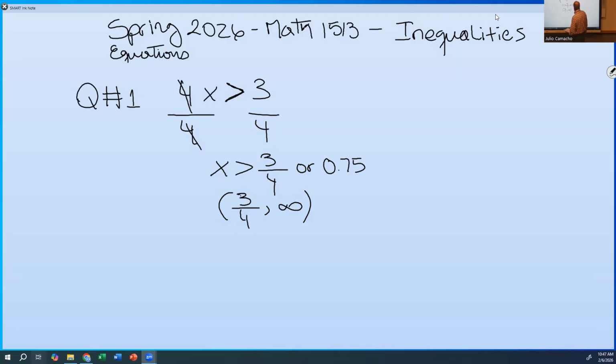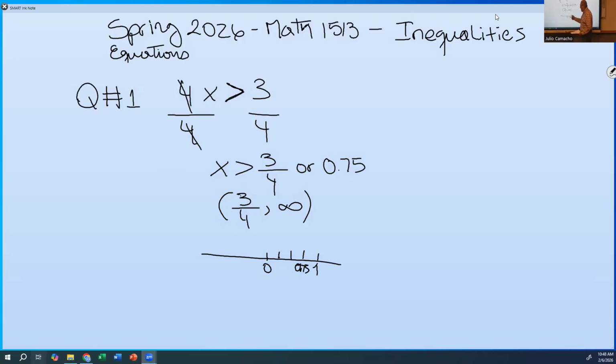And then how will I do that in graphing? That is my graph, and that is the reason I asked for this number. That is your 0, and then 1, 2, and 3. That is 0. And 0.75 is around here. 0.75, and that is my 1.